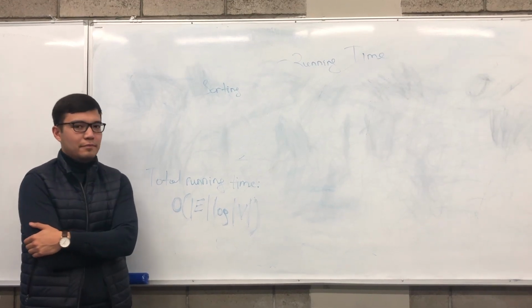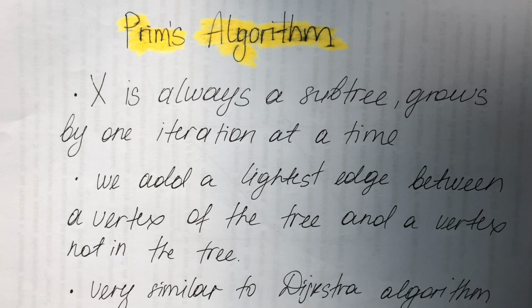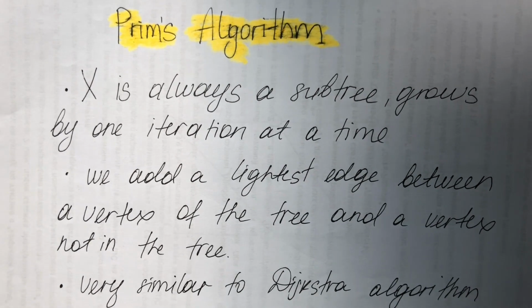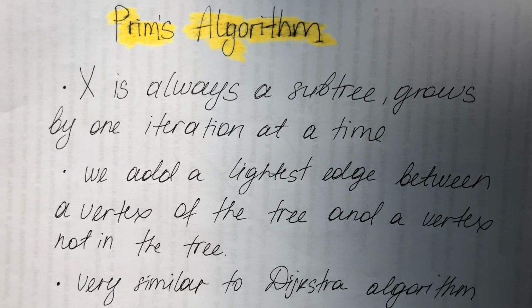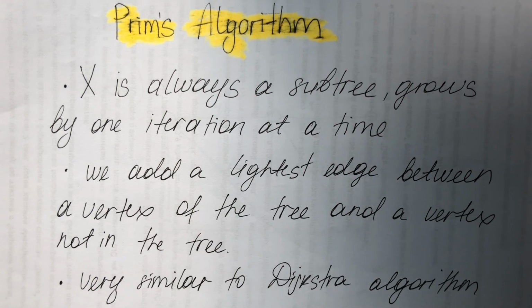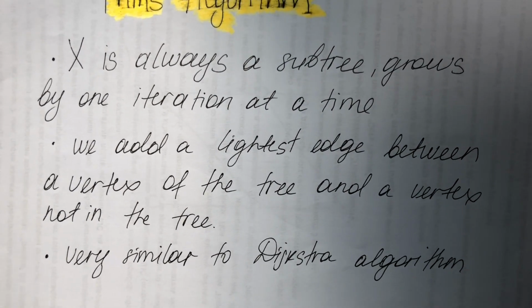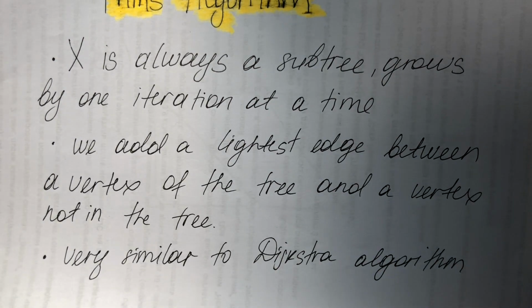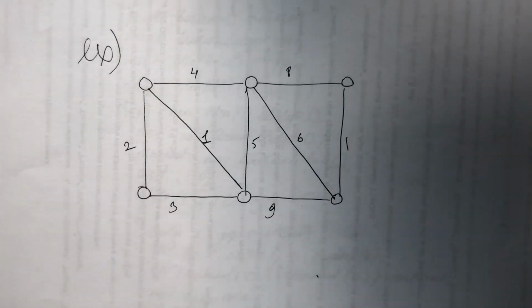So this is the total running time. Now Prim's algorithm. By definition, let's say that X is a subtree, and it grows by one iteration at a time. Then we add the lightest edge between a vertex of the tree and a vertex not in the tree. This algorithm is also very similar to Dijkstra's algorithm. So let's take a look at an example to better understand.